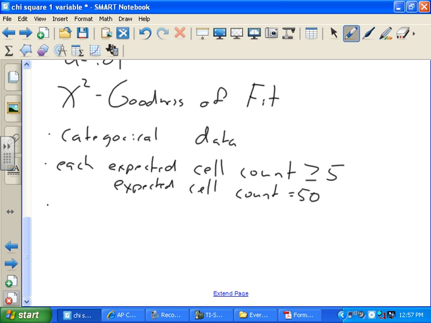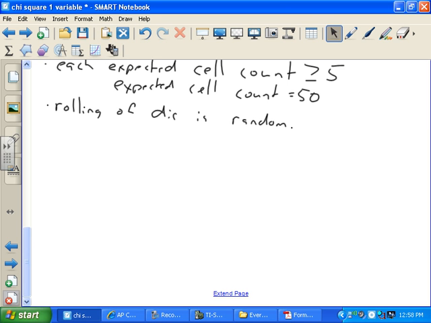Categorical, and the rolling of a die is random. Random, categorical, large enough. Moving on to step 6. Agree with that? Okay.